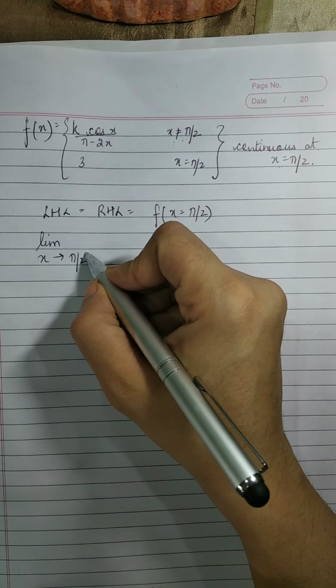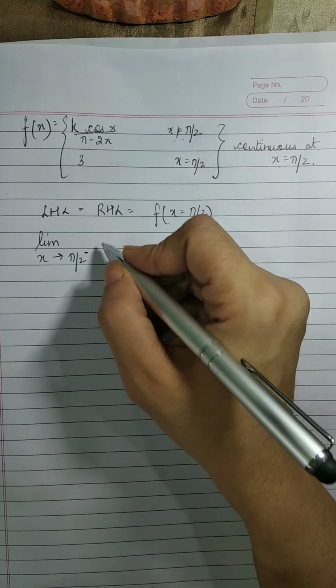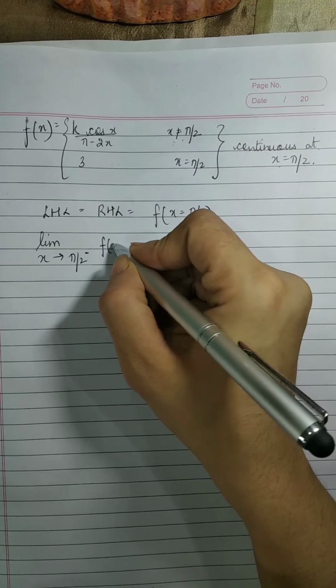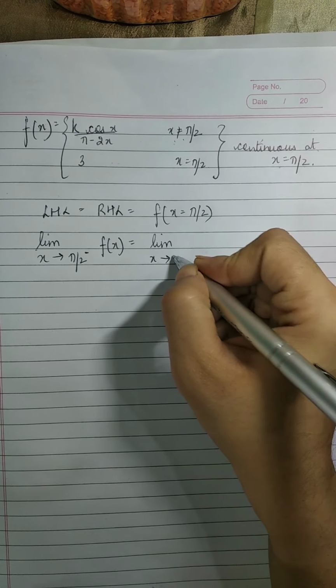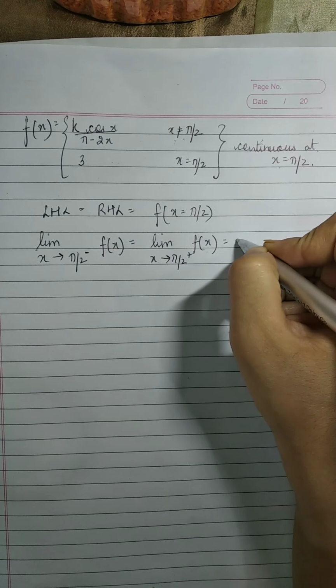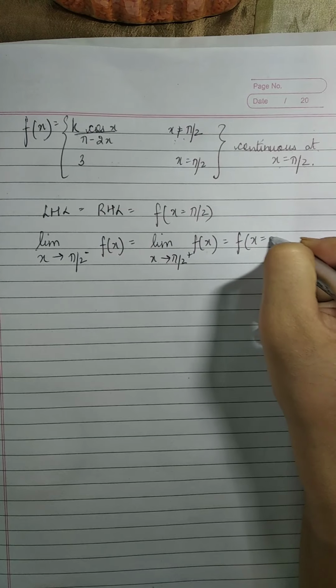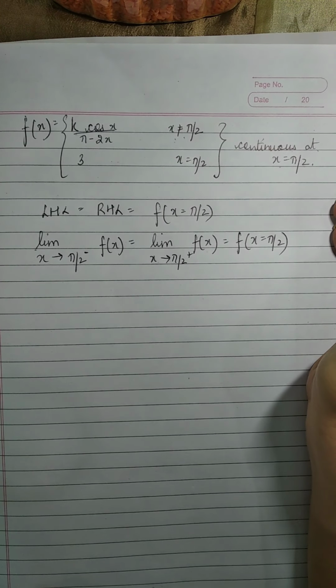So if we are considering the left hand limit, it is limit x tends to pi by 2 negative f(x) is equal to limit x tends to pi by 2 positive f(x) is equal to f at x equal to pi by 2, right?